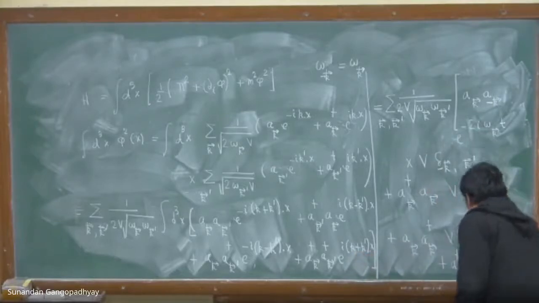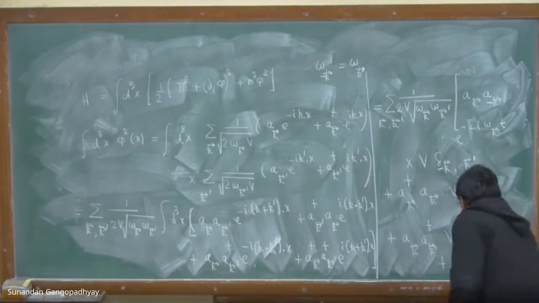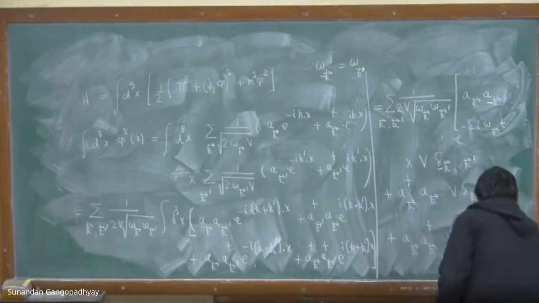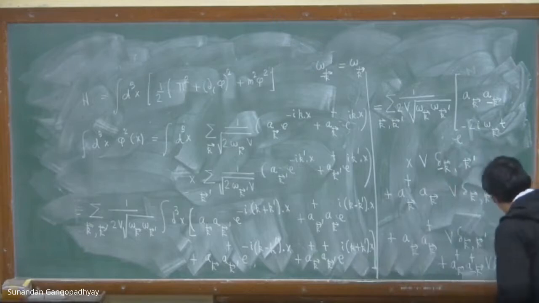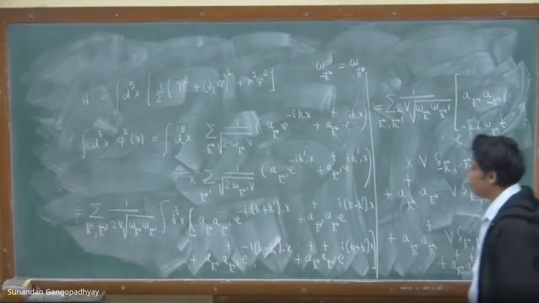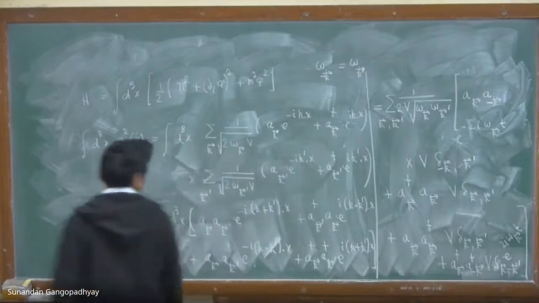Sorry, this is a_k, this is a dagger minus k, and this factor will give us a volume times a Kronecker delta k minus k prime, and then you will have an exponential factor as before, and this will be 2i omega k t, and that is all. That is all that you will have from these terms.